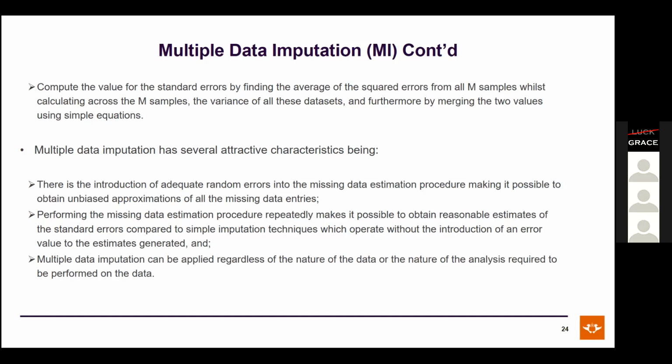And then you can use whatever other statistical or mathematical approach there is to actually come up with one value for the imputation. And in a nutshell, what happens in multiple imputation is you do it multiple times as opposed to just once. So you are trying to reduce and minimize biases in your estimates.